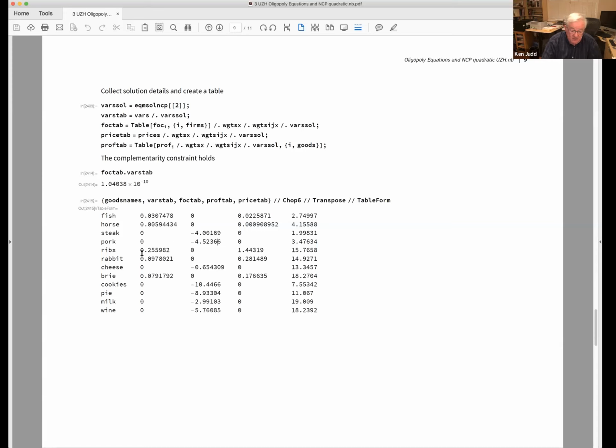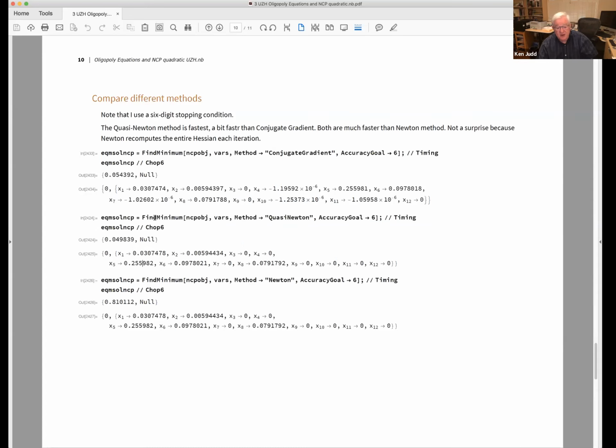And then ribs and rabbits are in positive demand, and their first order condition is 0. So we see that when you line this up in these 2 rows, in each row, one of these is 0 and the other is positive. And that corresponds to what you expect in a nonlinear complementarity problem.